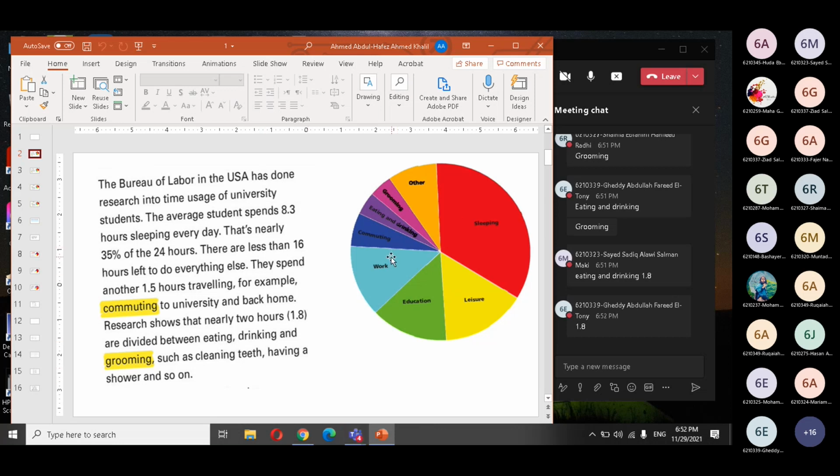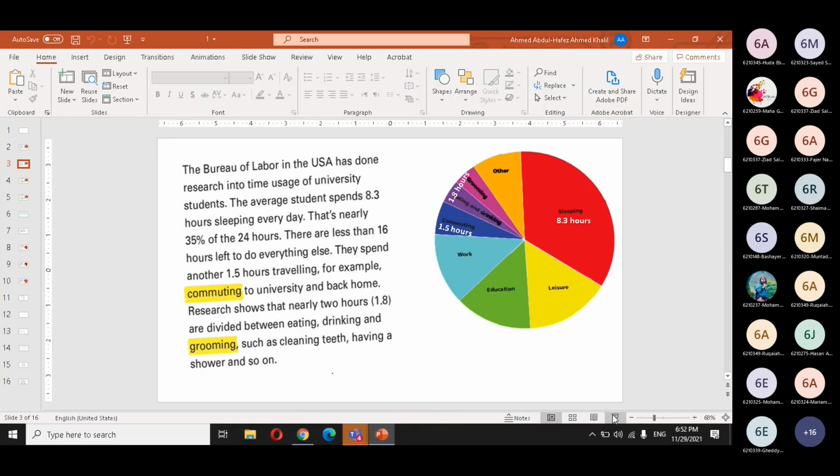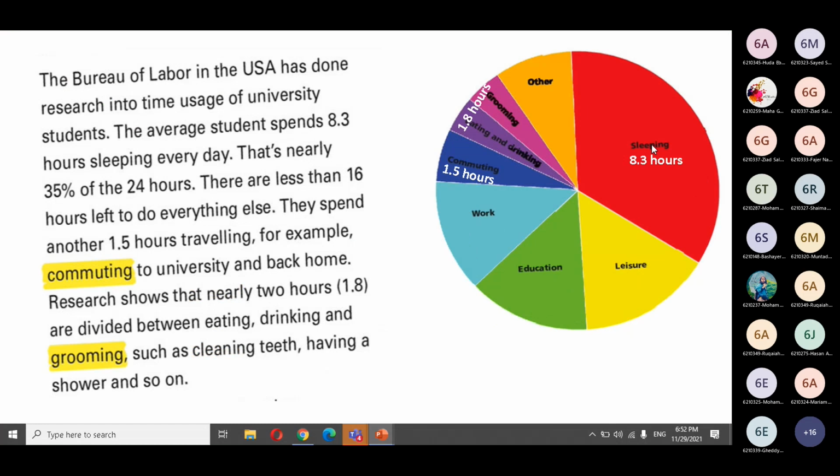But in the pie chart, he put grooming alone, eating and drinking alone. As you can see, we cannot say how much time for eating and drinking and how much for grooming. That's why this is the answer you mentioned, right? We said sleeping 8.3 hours, commuting 1.5, and 1.8 for eating and drinking and grooming, both of them 1.8 hours.